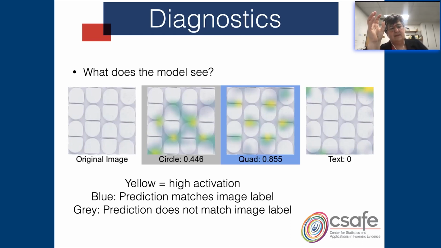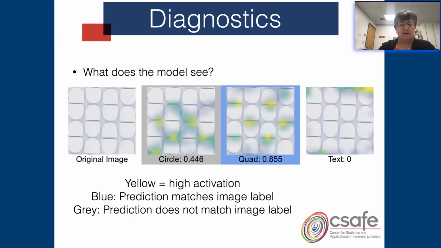That means that there's high activity. So the higher, the more yellow. That's where the model looks, and the yellow means a lot of the weights in that area were activated for this particular prediction.